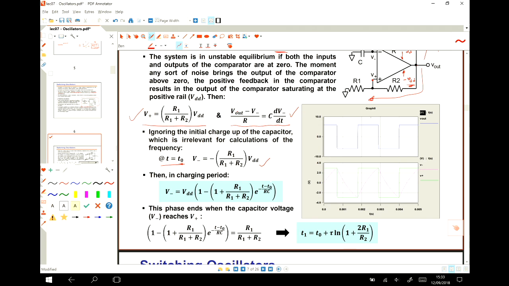And if you write it down, you will see that in the charging period, the V minus is following this equation. Are you following me?